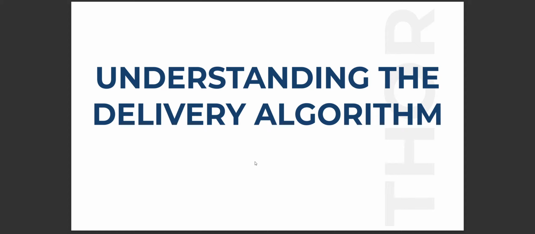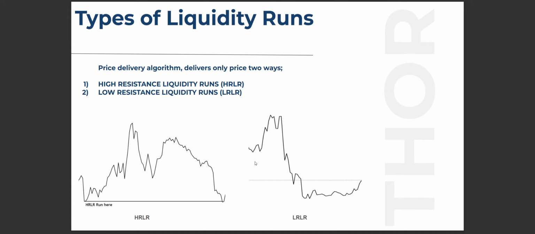Now, let's take a look at the delivery algorithm. Let's understand how price delivers. And this is the most important part when it comes to liquidity. There are two types of liquidity runs in the marketplace. The first one is high resistance liquidity runs, which we also call HRLR.